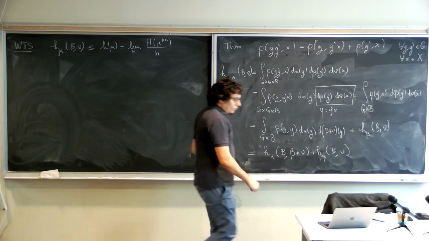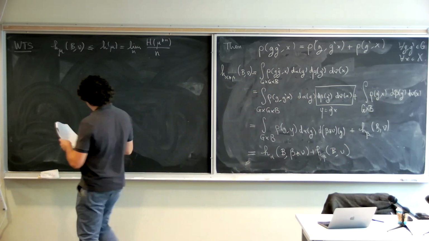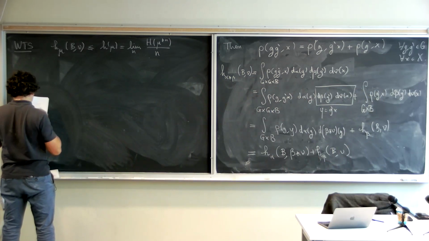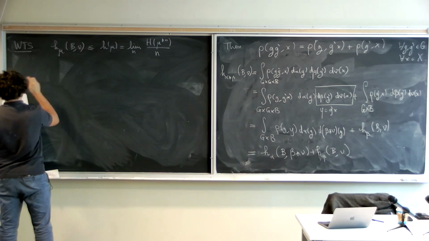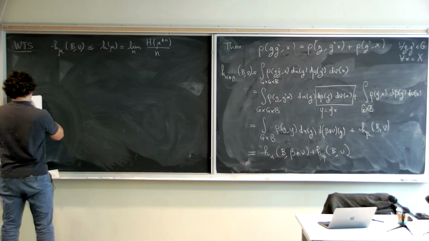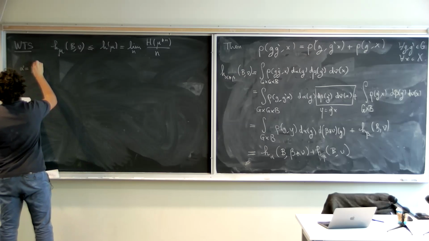And so we have to just do this over and over. So we let alpha be mu n and beta be mu.